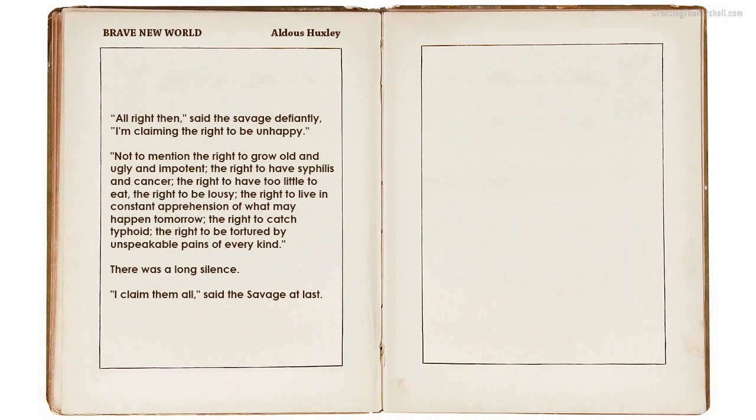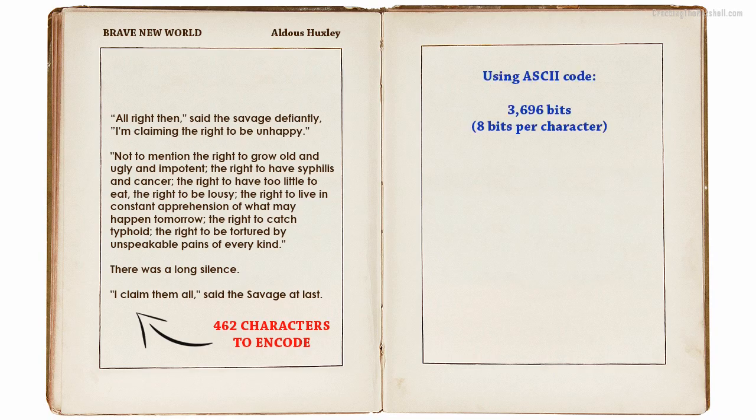We are going to use this short passage from Brave New World by Aldous Huxley. Excluding punctuation and just counting letters and spaces, we have a total of 462 characters to encode. If we encode this piece of text using ASCII, we will need to use a total of 3,696 bits, 8 bits per character.